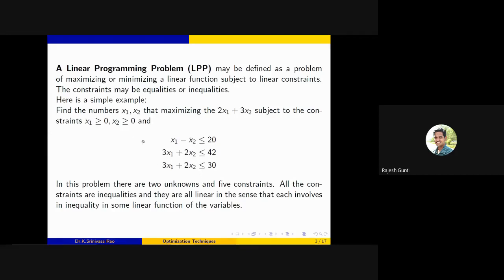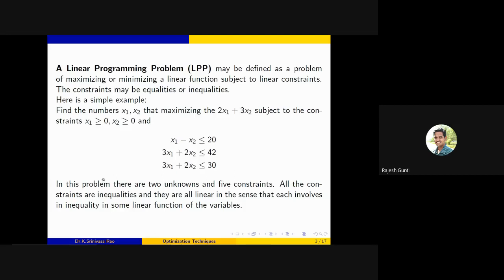In this problem, there are two unknowns and 5 constraints. These are the conditions: x1 should be greater than or equal to 0, x2 should be greater than or equal to 0, x1 minus x2 less than or equal to 0, 3x1 plus 2x2 less than or equal to 42, and 3x1 plus x2 less than or equal to 30.